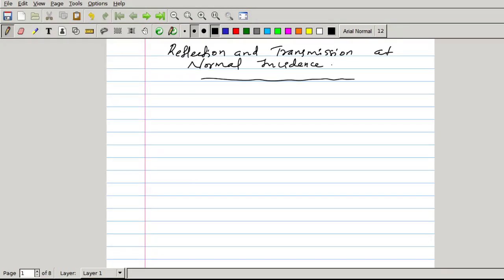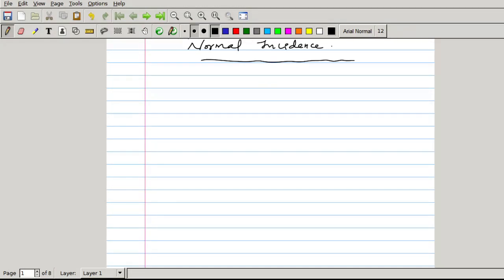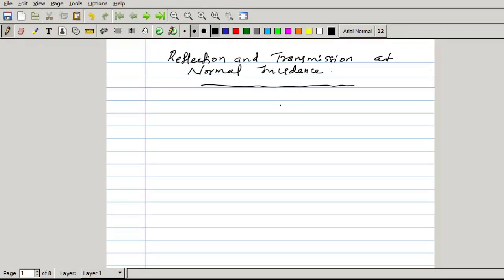Consider a dielectric boundary. Consider a boundary separating two media.